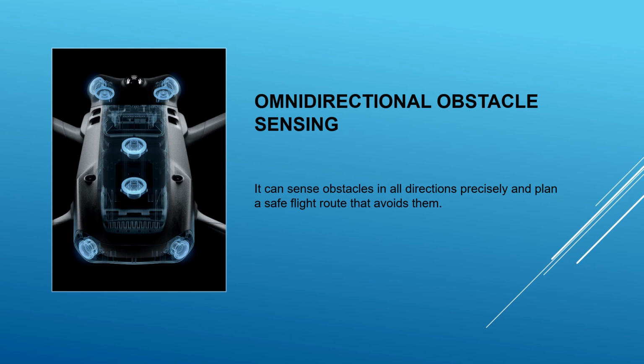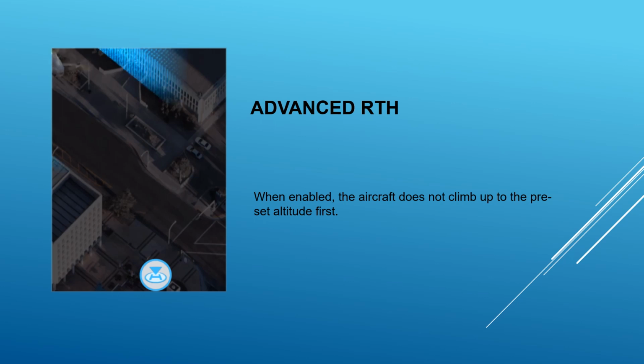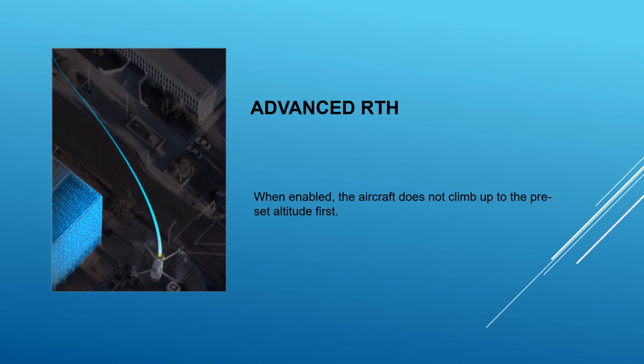It also has omnidirectional obstacle sensing, meaning it is able to avoid obstacles from all directions. You can also detect and avoid. It also has an advanced RTH, the return to home.